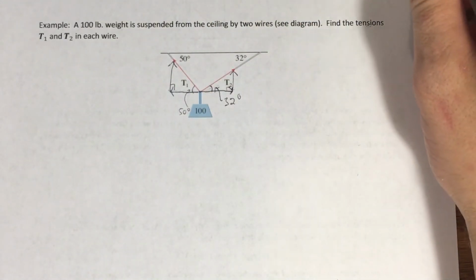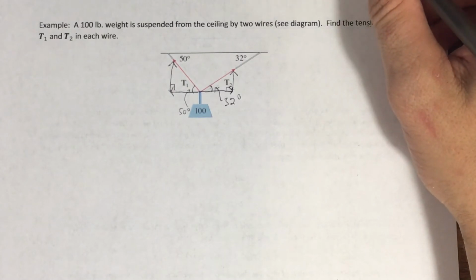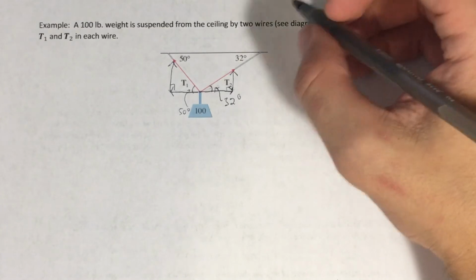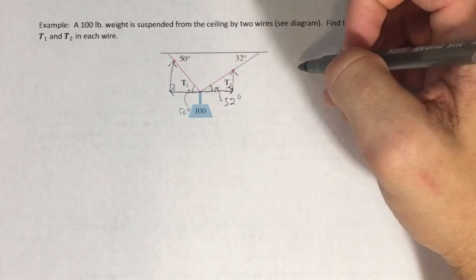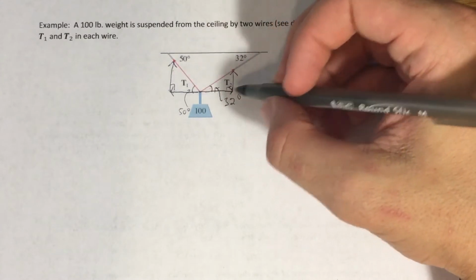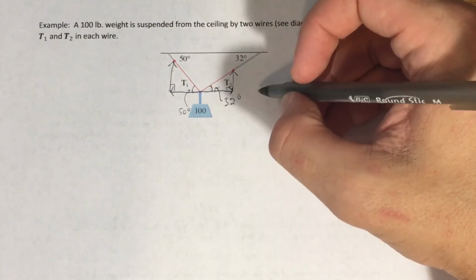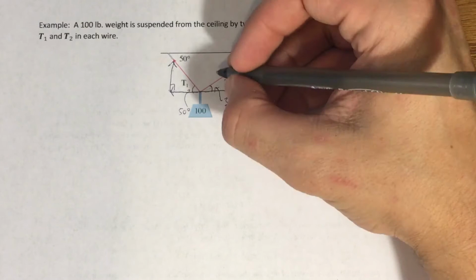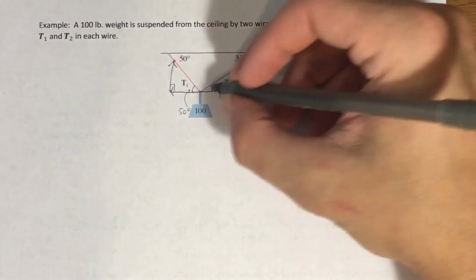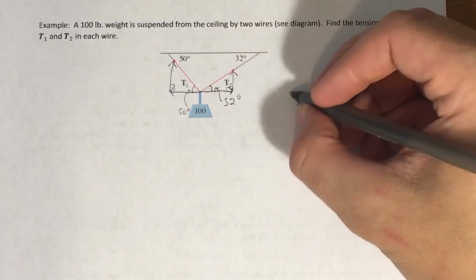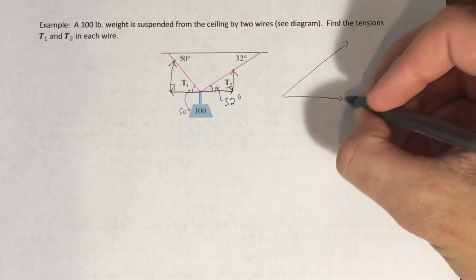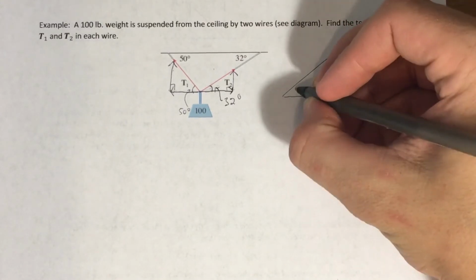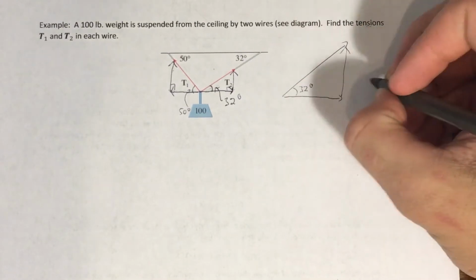Okay? Why does that matter? Well, what I want to do here is determine the magnitudes of these vectors right here. Okay? So let's start with this vector right here. What is the magnitude of this vector right here? Well, if I think of this as a right triangle, in fact, let me kind of blow this up a little bit, we're going to focus on just this guy right here with the 32-degree angle.